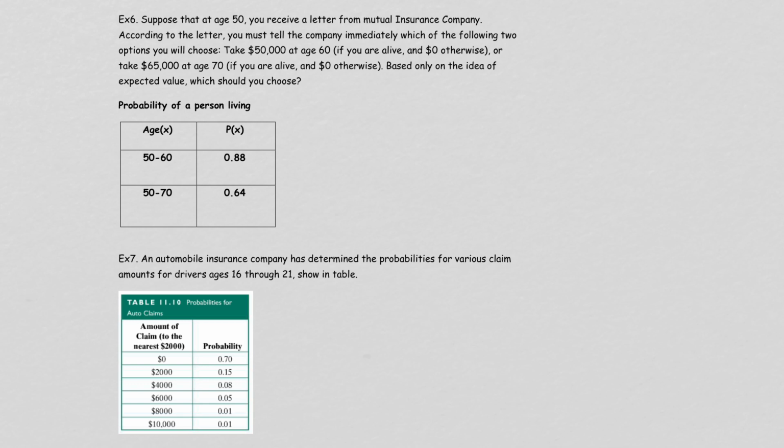So in order to find the expected value of the first option, you get $50,000 when you're alive, that's your probability, so you multiply that.